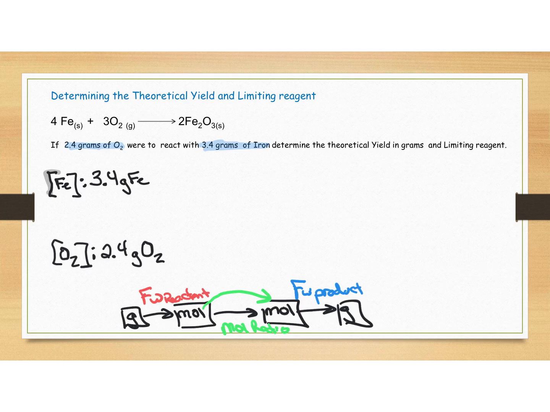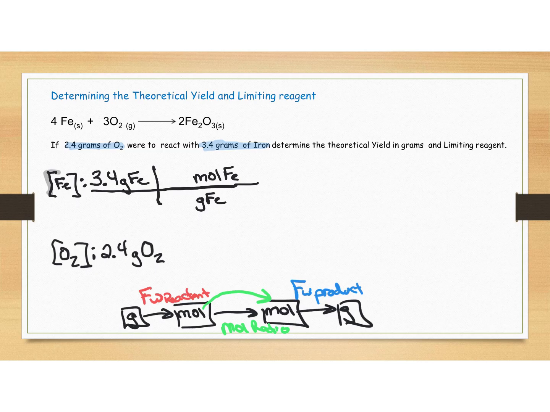So let's start at the first one with iron. I'm going to go from grams of iron to moles of iron. Okay, what's our definition? 1 mole of anything is equal to its atomic mass in grams.